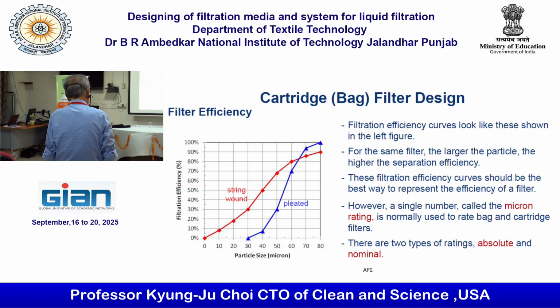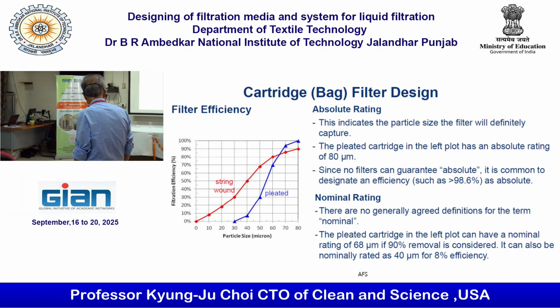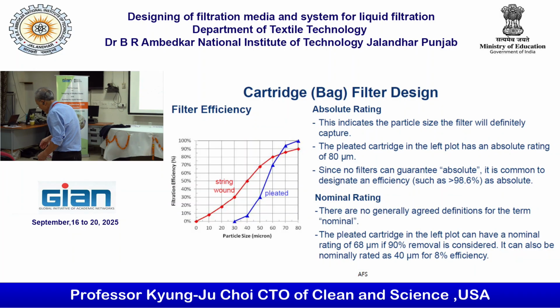The beta rating is quite important as well. Absolute rating and nominal rating. I don't know, some of you are probably familiar with this one. When you read this one, probably you'll understand a little bit better.